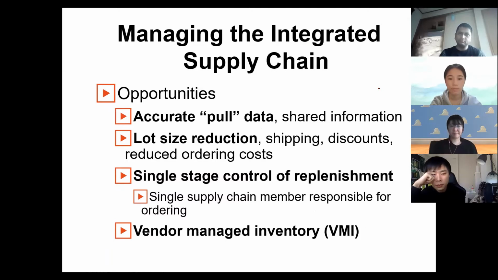And managing an integrated supply chain, because there is a lot of lack of coordination, you need information. Accurate pool data is needed, and that information must be shared with all the agents in the supply chain. Okay, that's one thing that is important.